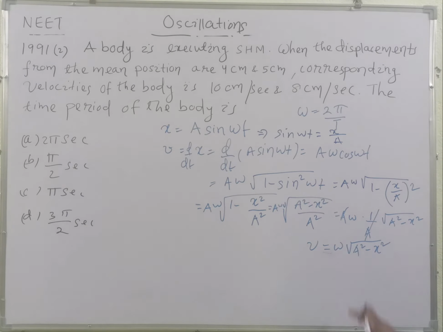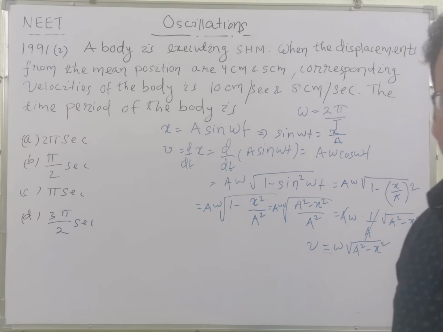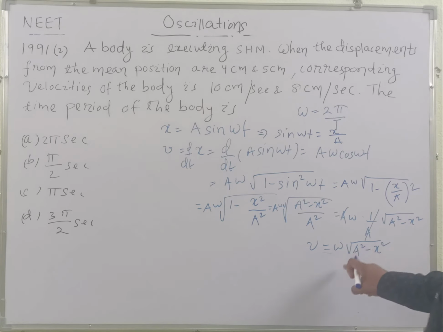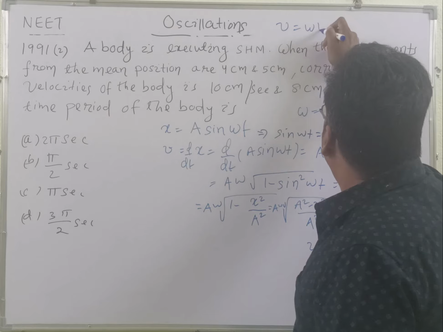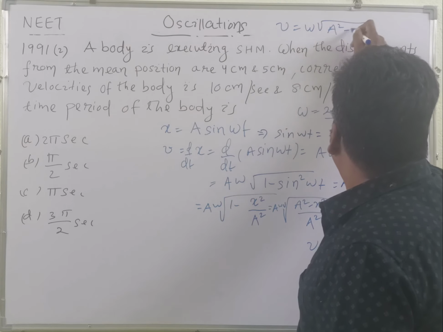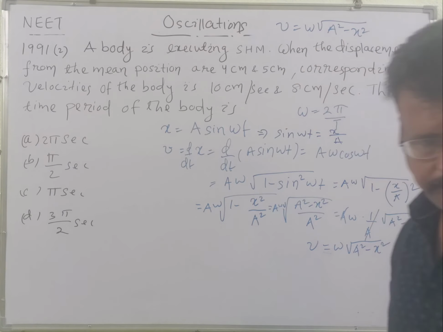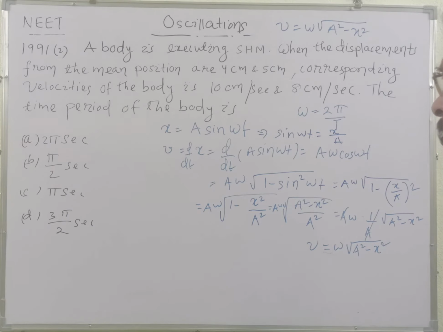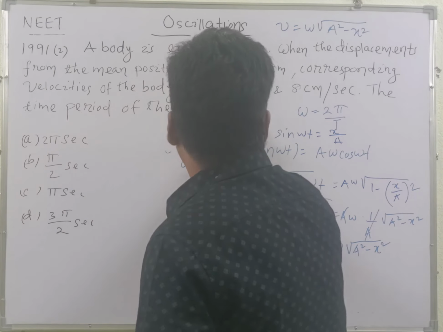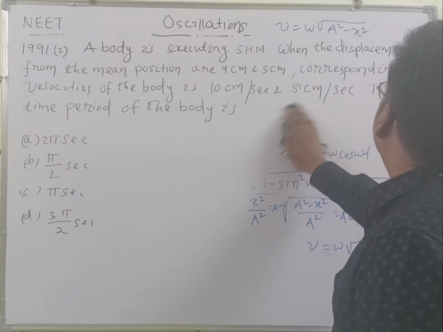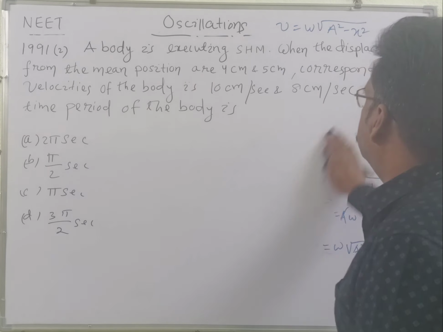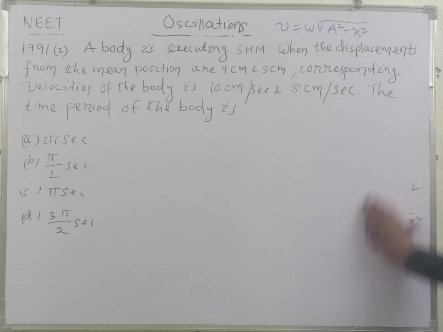Okay, student, from this formula we will solve the problem. Let us write it here and clear the blackboard. V is equal to omega root over a square minus x square. Students, two situations are given. In one situation, the displacement of the body from its mean position is 4 cm, and in another it is 5 cm.